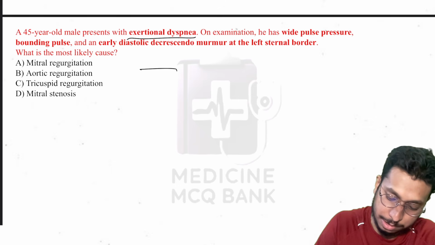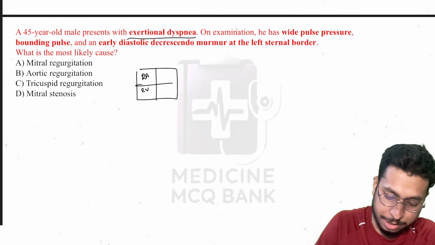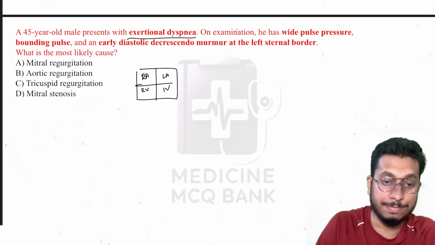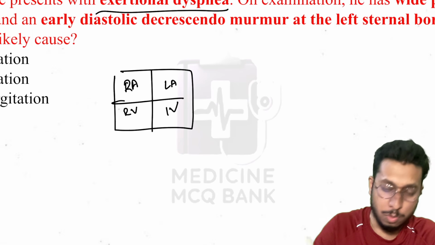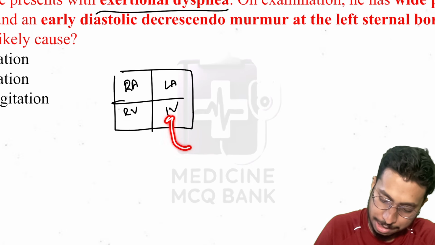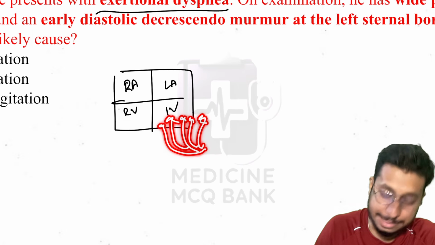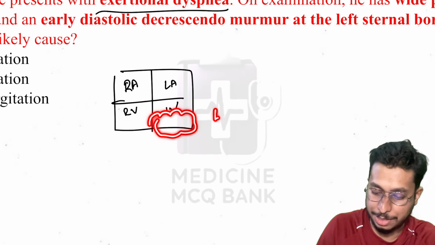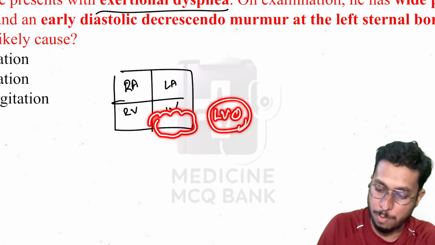There is the right atrium, right ventricle, left atrium, and left ventricle. So what happens in aortic regurgitation? In diastole mainly, there is incomplete closure of the valve, resulting in more volume load in the left ventricle, resulting in left ventricular volume overload.